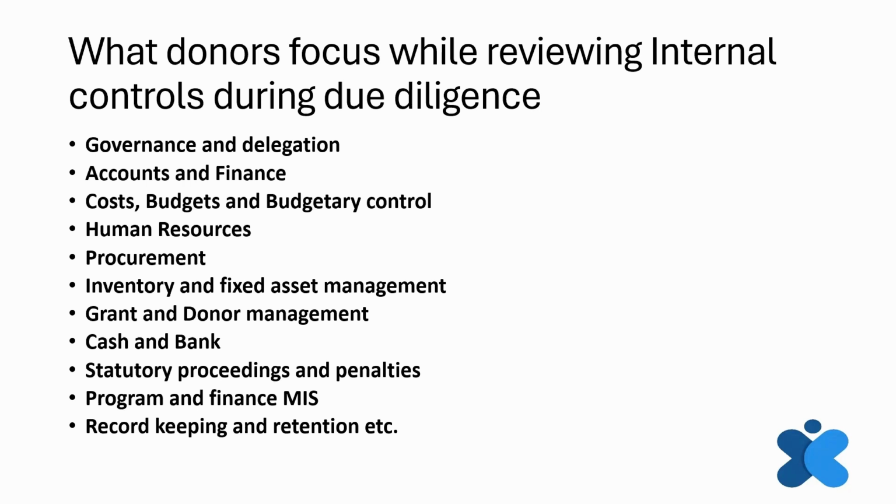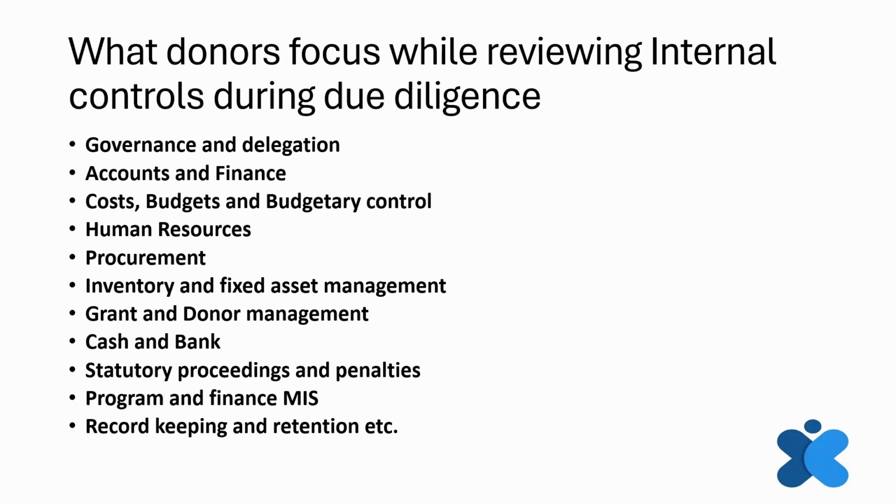Accounts, finance, cost budgets, budgetary control, HR, procurement, inventory, fixed asset management, grants and donor management, cash bank, statutory proceedings, and any kind of penalties, MIS, and the last one is record, basically the accounting record and retention. Now, these are some of the areas that you will find in the checklist. You may not find them directly, but when the due diligence process happens is when you will find that reflection.